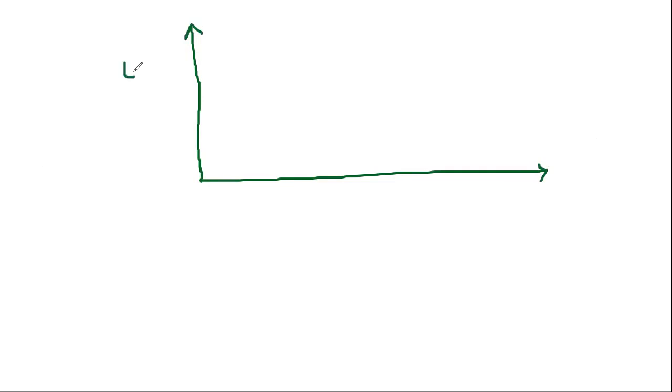On this side, it is internal energy. On this side, we have temperature. Then here I have 0. Let this be theta. Theta is the characteristic temperature. Here it is 2 theta. Then here it is 3 theta.